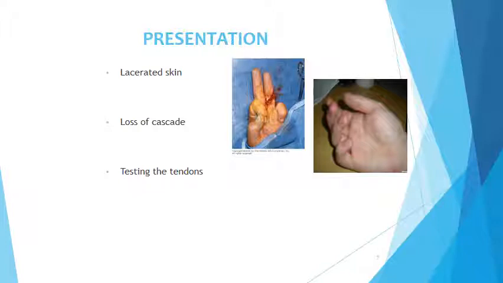To test for an FDS, let's say the middle finger, you have to stabilize the ring, index and little finger and ask the person to flex the PIP joint. For a suspected FDP injury, you're going to block the PIP and ask them to simply flex the DIP.